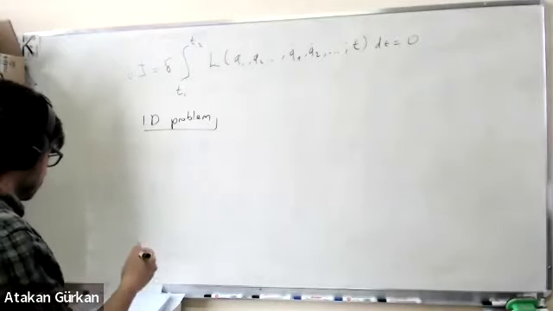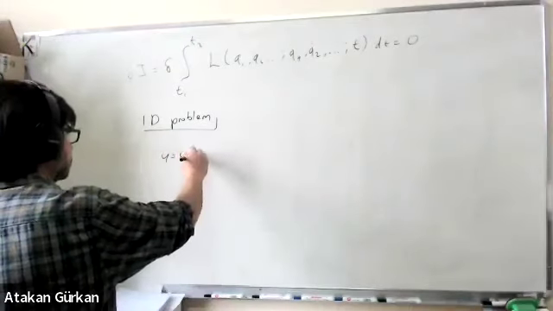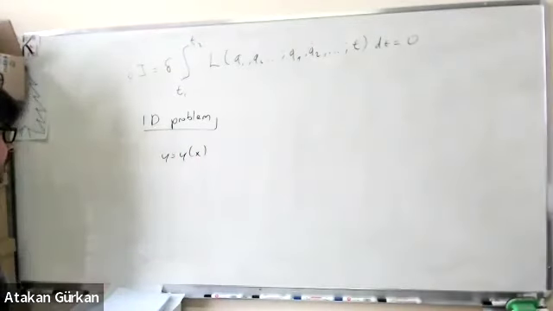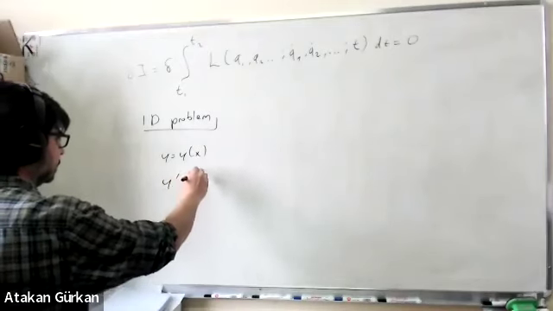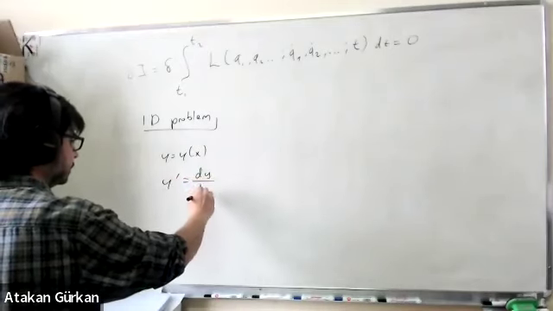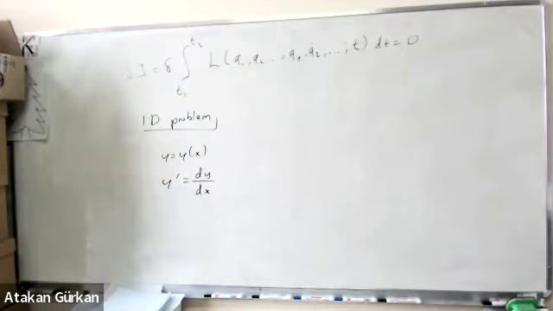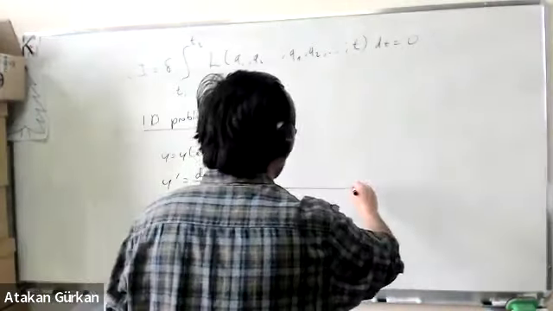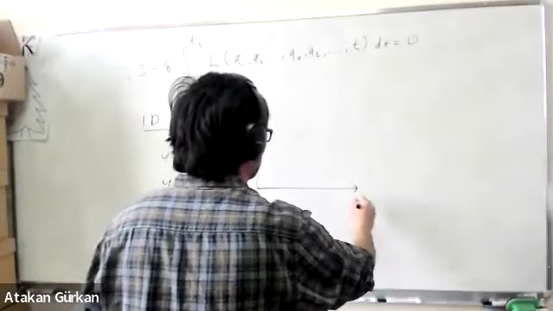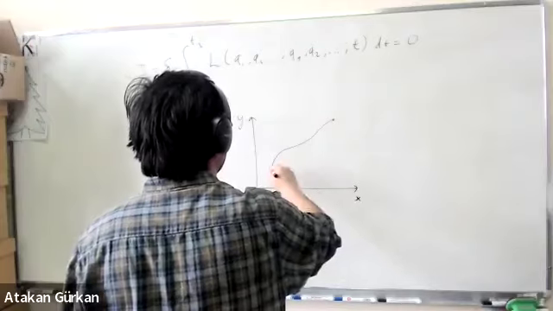The example they give there is this, and then we're going to define y prime as the derivative with respect to x. So y is our dependent variable, x is our independent variable, and we're going to go like this, and you can draw a path like that.